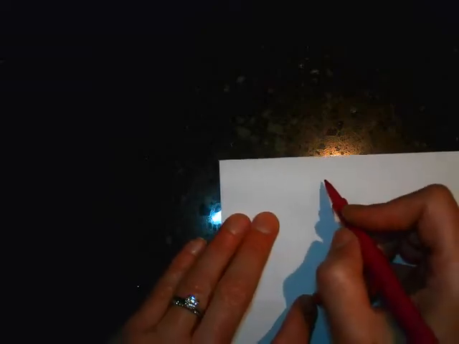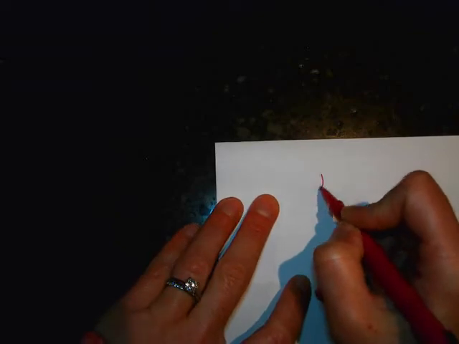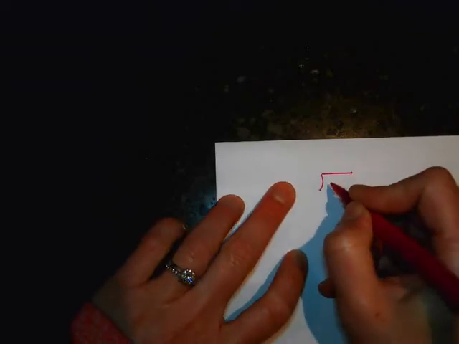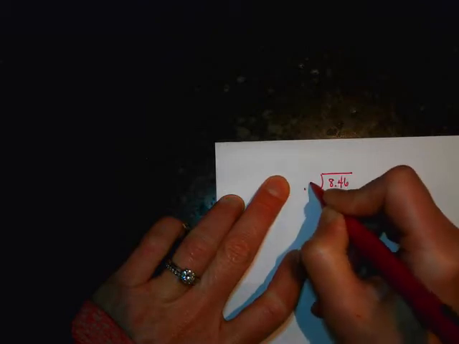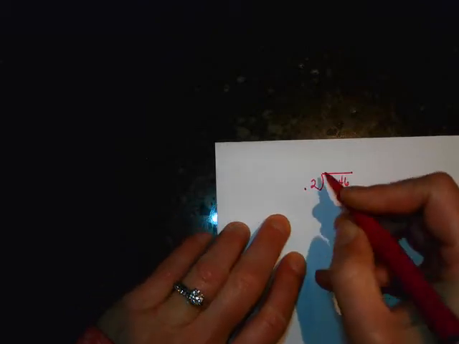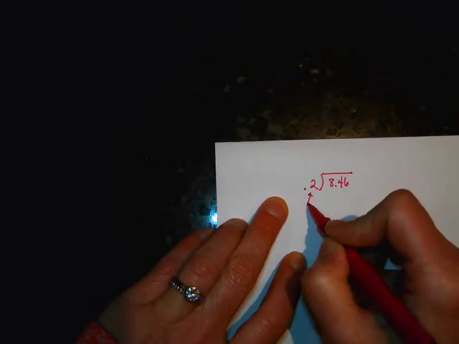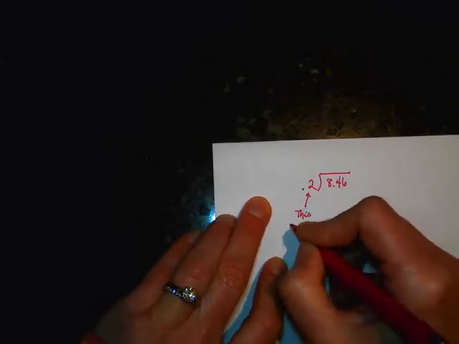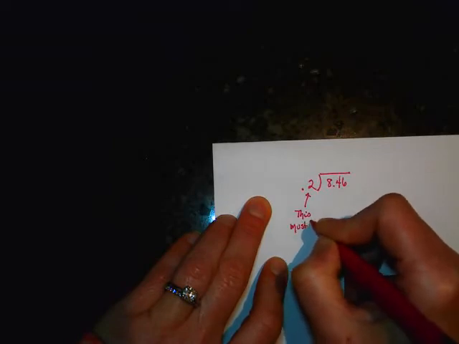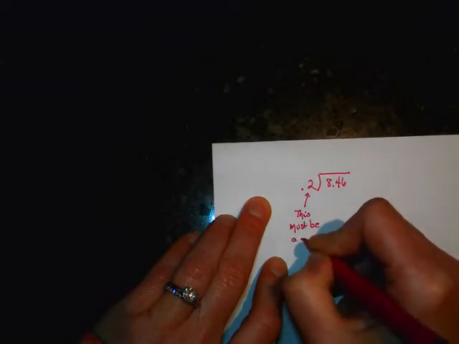All right, you ready? So we want to divide $8 or 8.46 divided by 0.2. Well, I'm letting you know right now, in order to do long division, the divisor must be a whole number. So we're going to rewrite it.